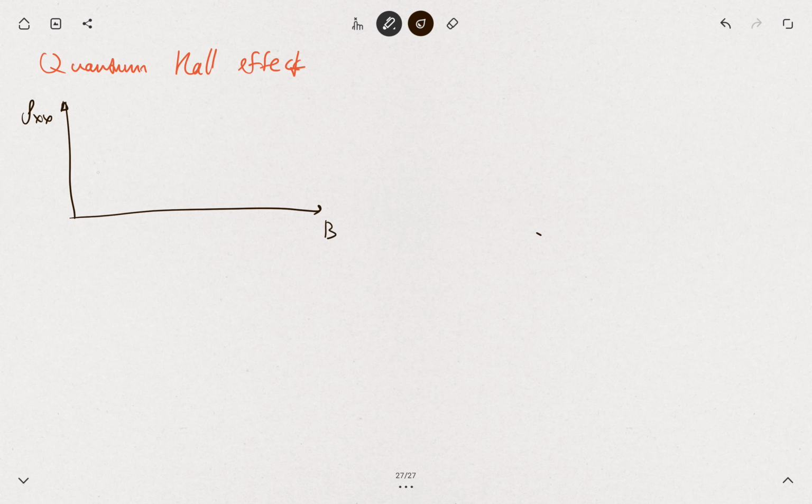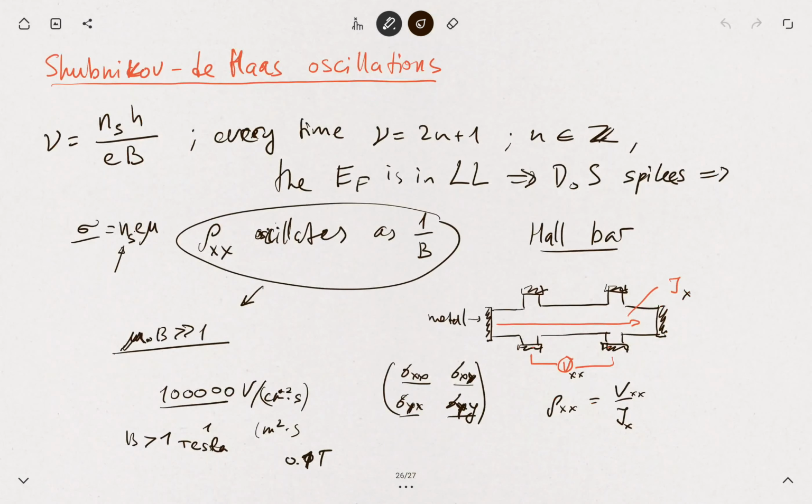There will be some value there, usually it increases a little bit, and then it starts the oscillations, and then at some point you get this region where rho xx is 0, and that's the manifestation of the quantum Hall effect.